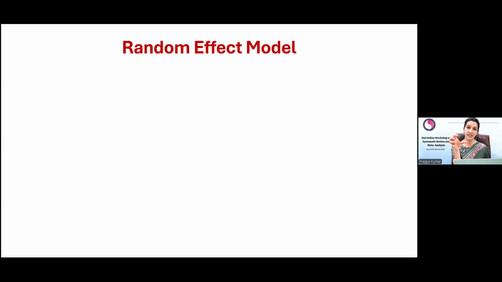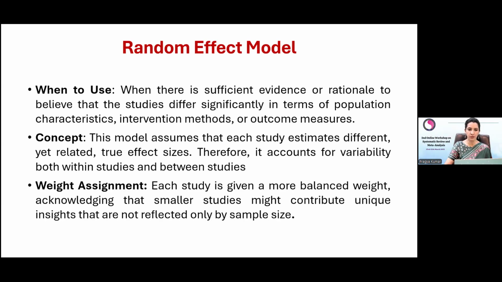Studies of similar nature will have one underlying effect size, and the difference you are observing is due to sampling variation. There is no other variation. Other variation means confounders, type of intervention, duration of follow-up, risk of biases. All those are not there. It is only due to the sample size. That's the assumption.